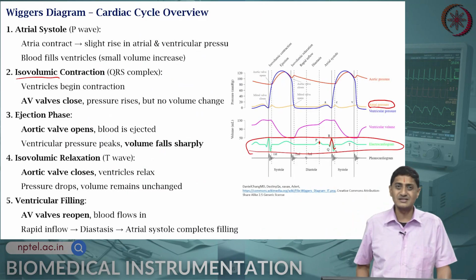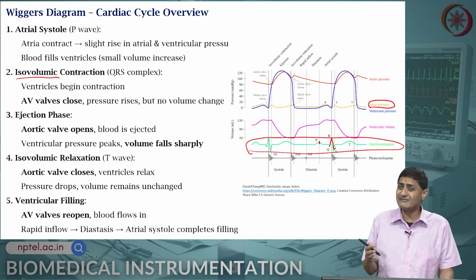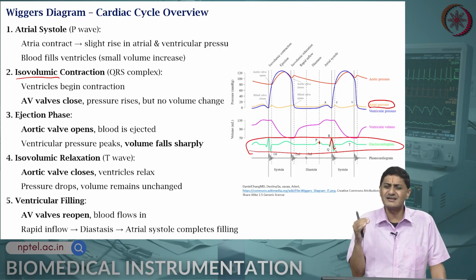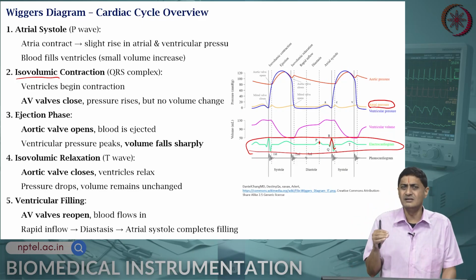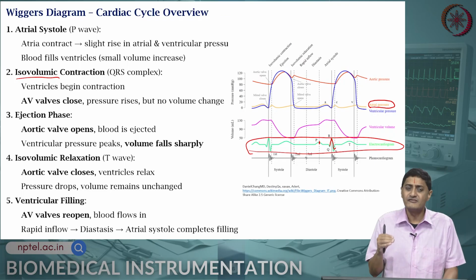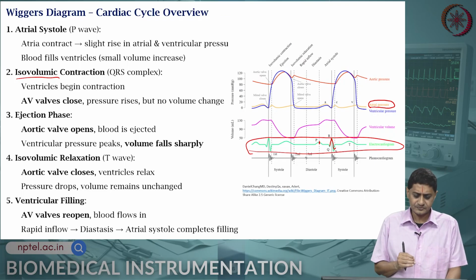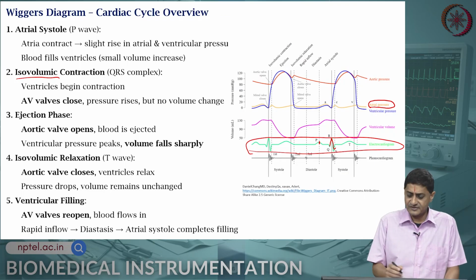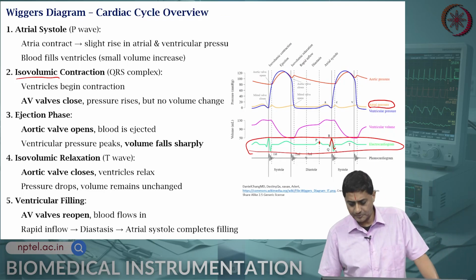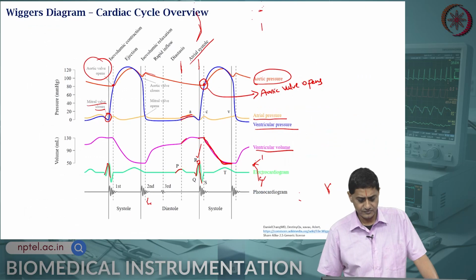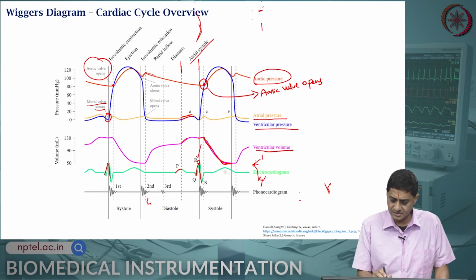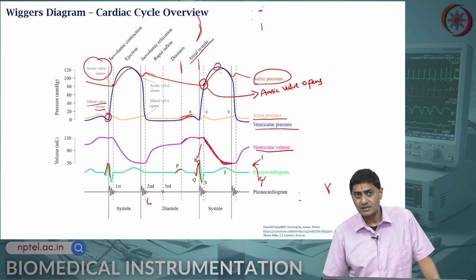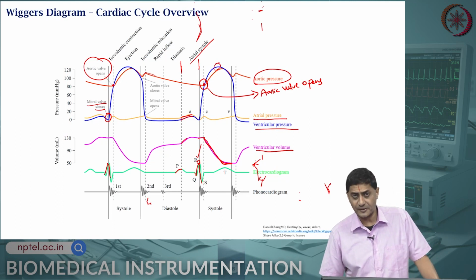Blood is ejected relatively quickly, leading to a relatively steep drop in the volume of the ventricles. Because of that, the ventricular pressure peaks around this time, and then the pressure starts dropping.